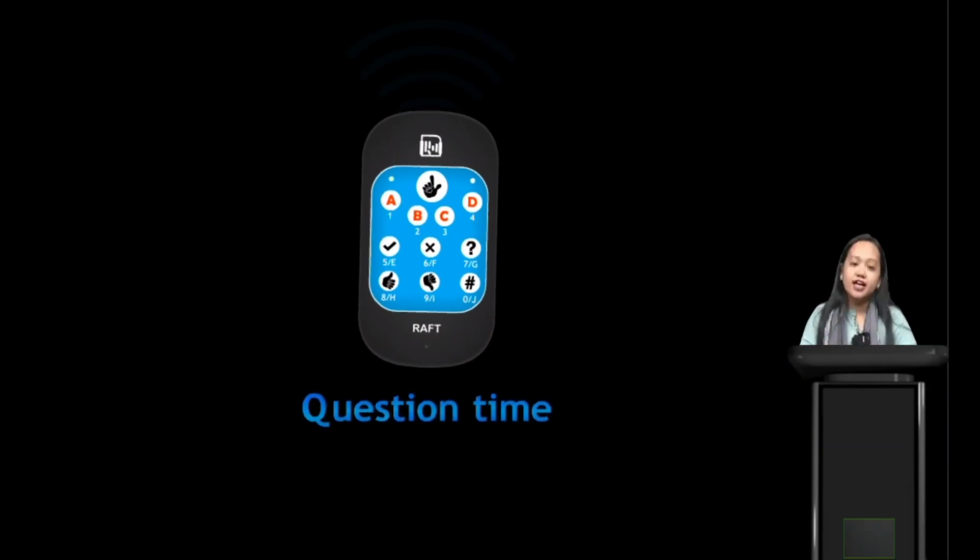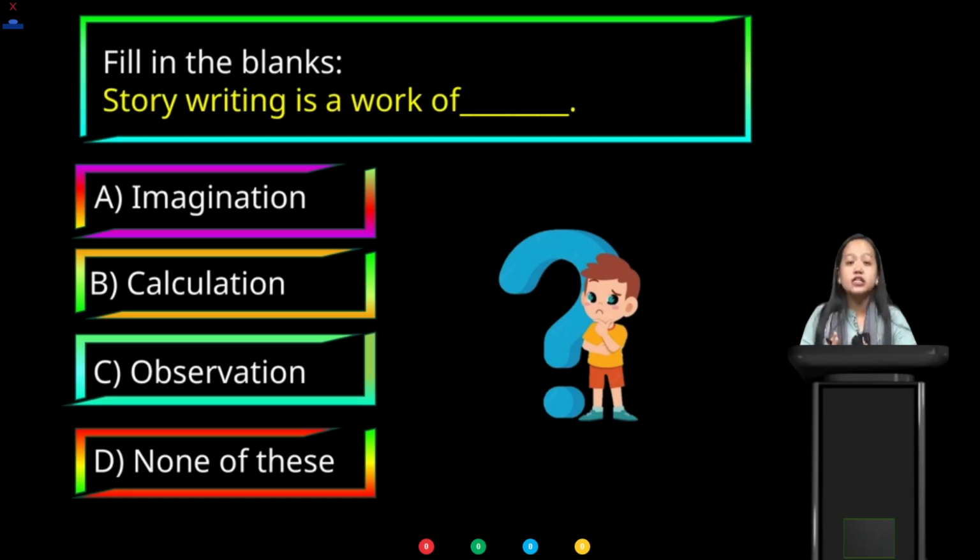Now this is the first question of today's class. My dear students, let's see if you all can answer this question according to what we have discussed. We have to fill this sentence. Let's read what it says.